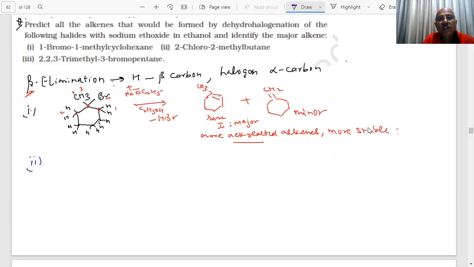2-chloro-2-methylbutane. One, two, three, four. Sir, in this two products will be formed.